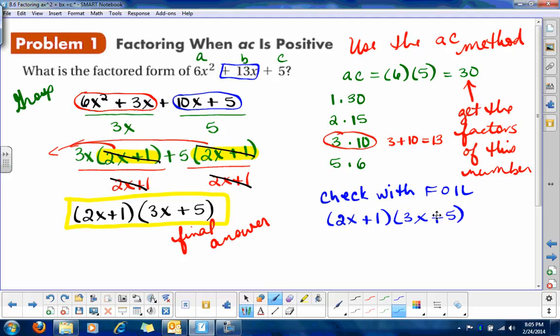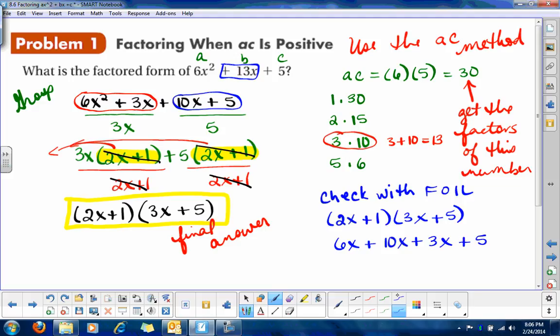And with FOIL, we've got the first, 2x times 3x is 6x squared. The outer, 2x times 5, that's 10x. Then we have the inner, 1 times 3x, which is 3x. And then we have the last, 1 times 5, which is 5.